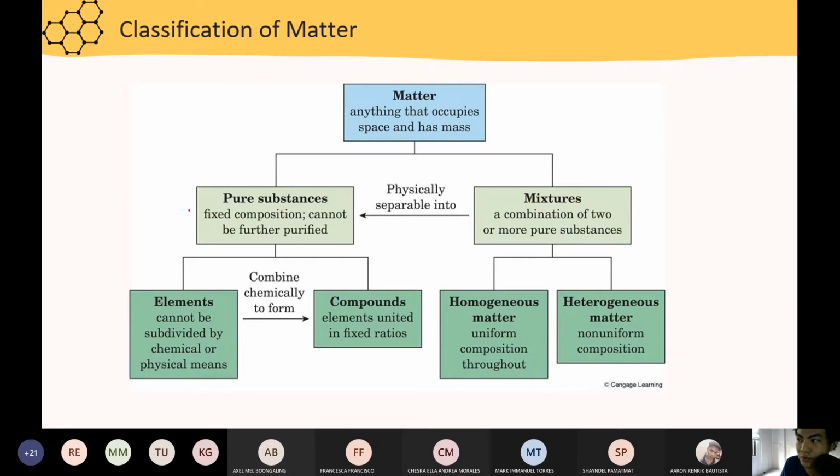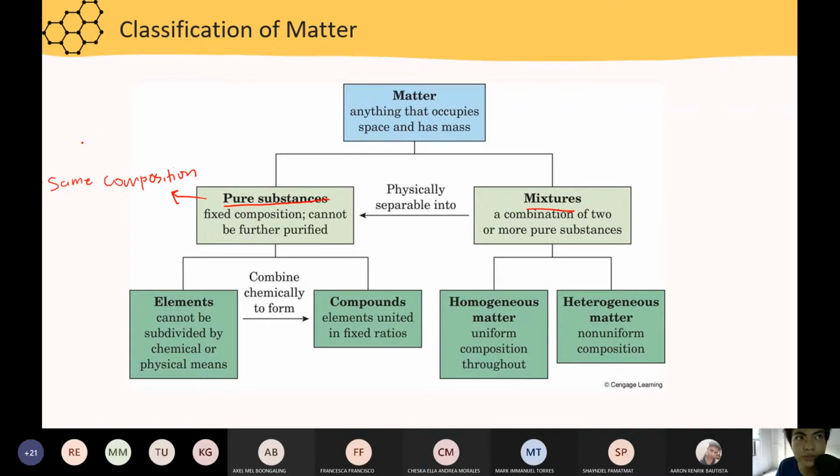We have the pure substance and the mixture. When we say pure substance, we have fixed composition here, or basically speaking, we are talking about matter of the same composition. Iisa yung laman niya. So example, water. Pure water.